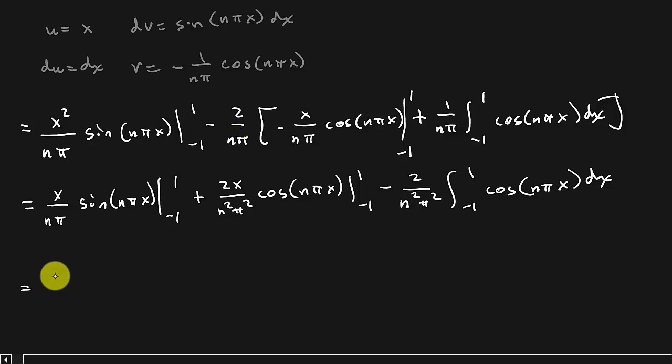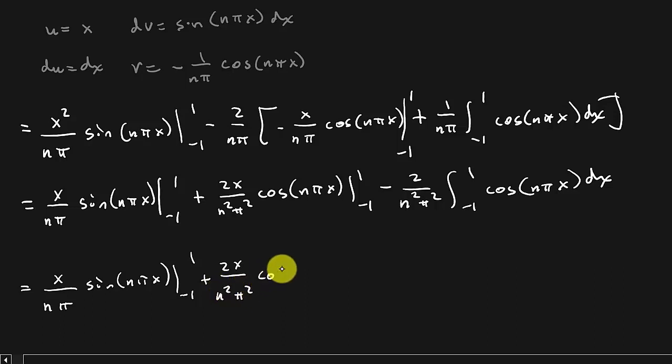All right, so now I've got x over n pi sine of n pi x from -1 to 1 plus 2x over n squared pi squared cosine n pi x from -1 to 1. And now I've got to integrate this. So the integral of cosine is what? Well, not negative, but the integral of cosine is sine.